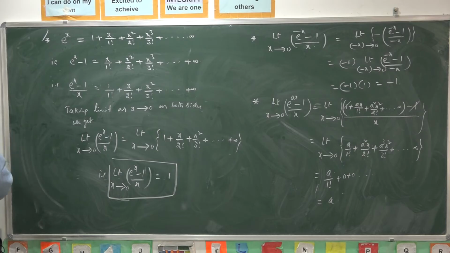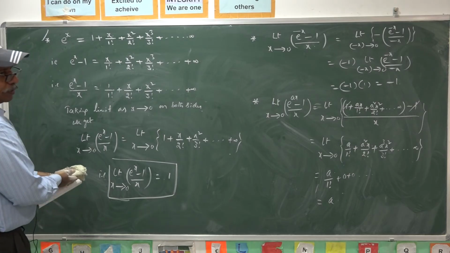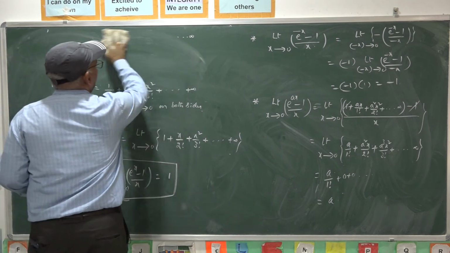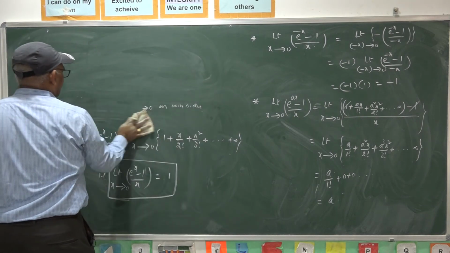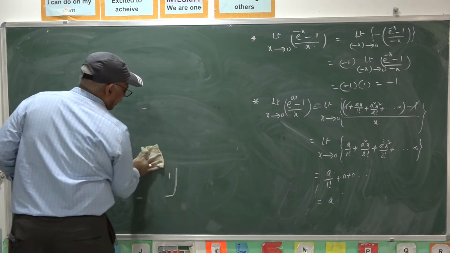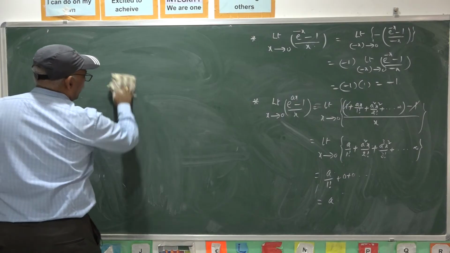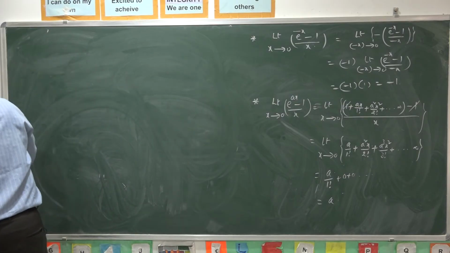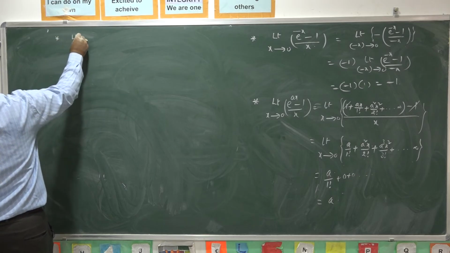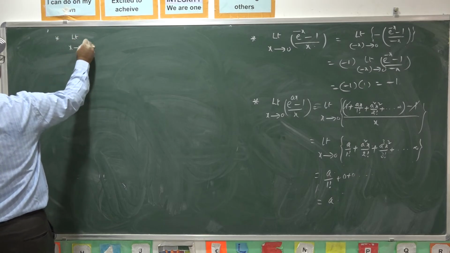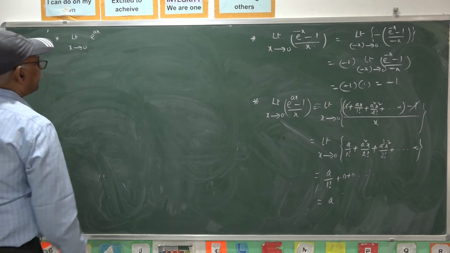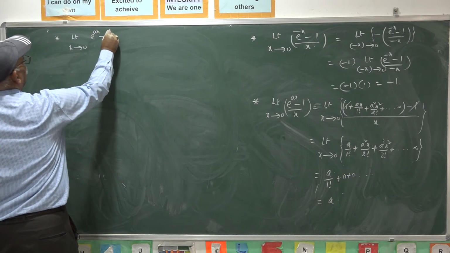These are all limits related to the exponential functions. And similarly, next, limit x goes to 0, (e power ax minus e power bx) by x.